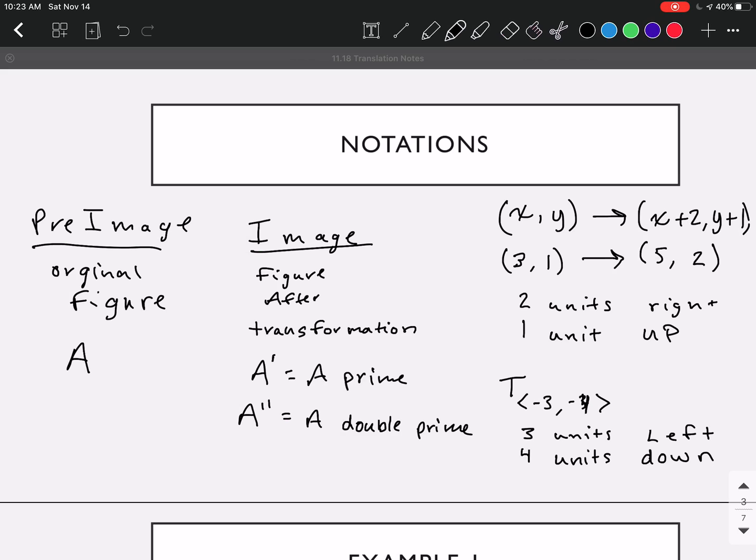So we could, for instance, have P of (2, 2). And with that translation of (-3, -4), we would then have P prime of (-1, -2).